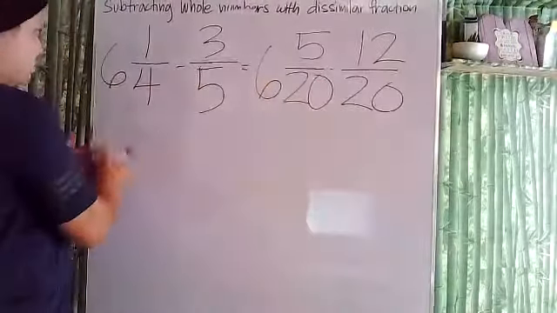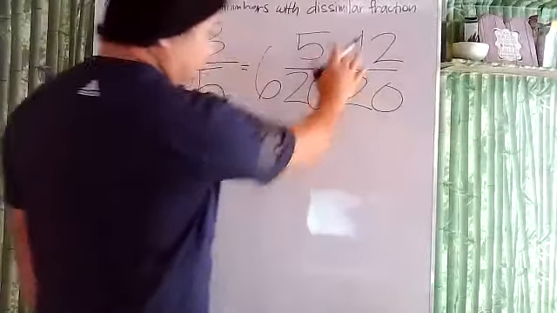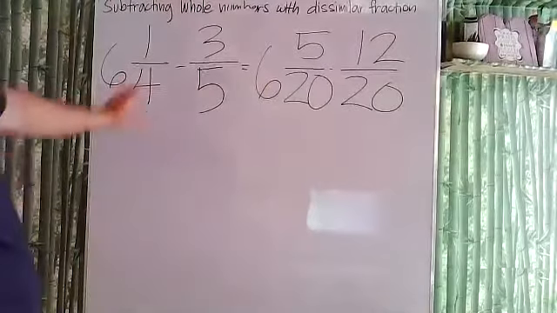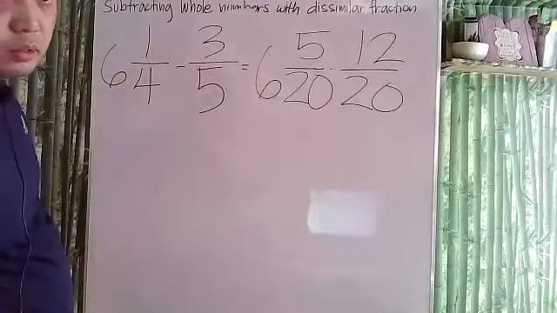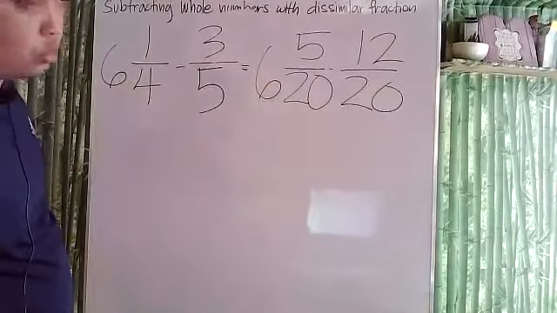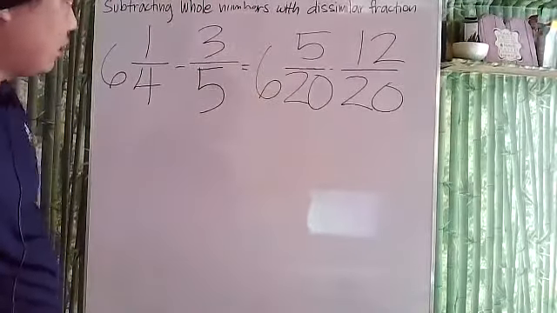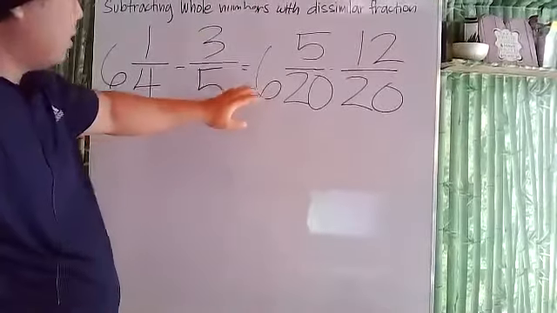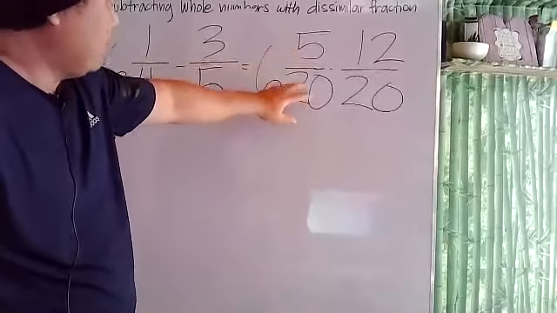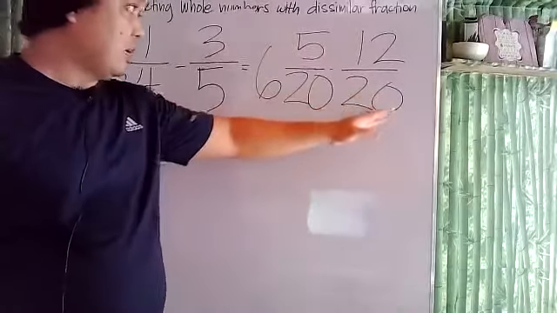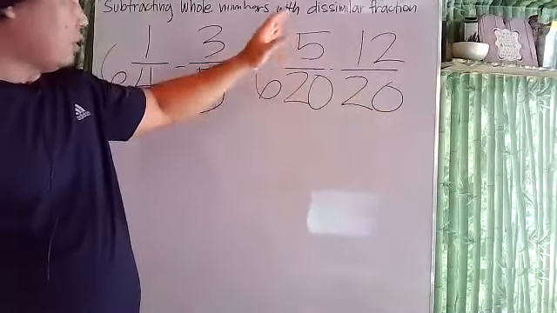We have now similar fractions. Now let's subtract. 5/20 minus 12/20. We copy their denominator and subtract their numerators. Which is 5 minus 12.